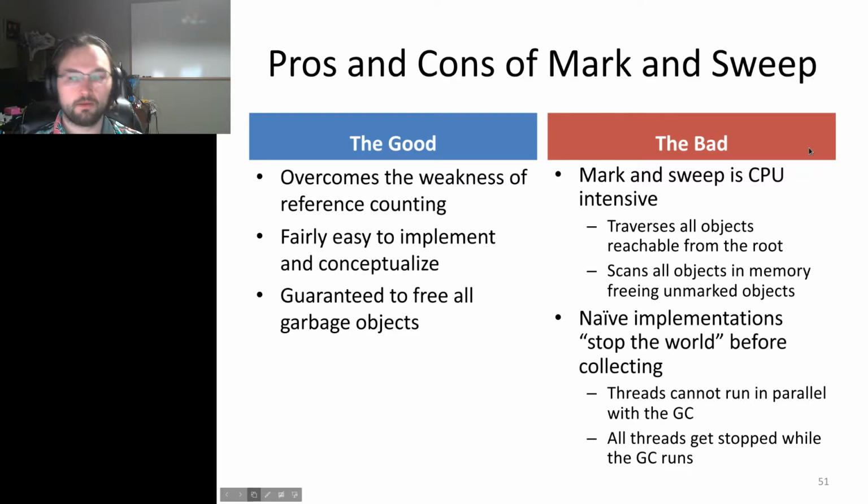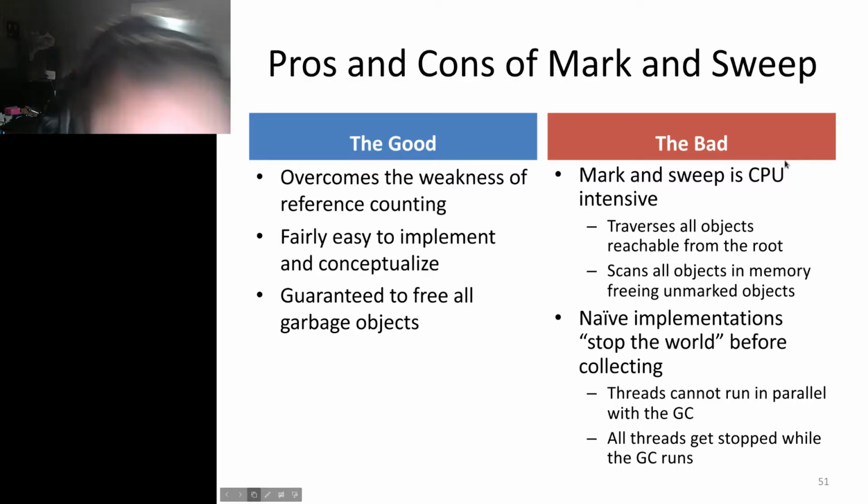But there are some disadvantages. The first disadvantage is that we have to spend CPU time doing these mark and sweep steps. This means that whether or not we're actually trying to free any objects, every once in a while we're going to stop what we were doing intentionally in our program and instead go do this garbage collection thing.